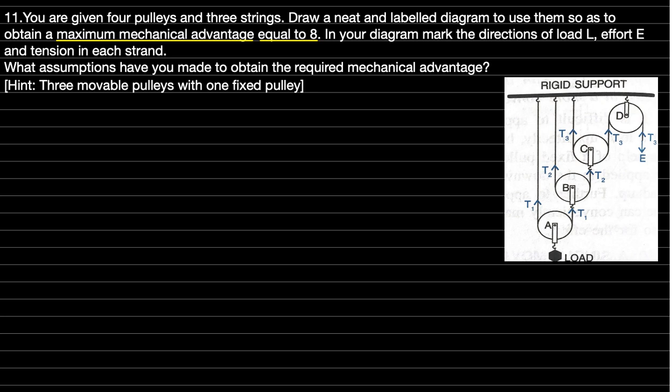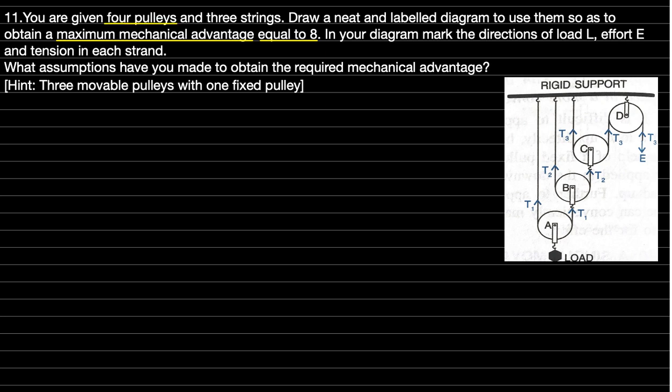So the mechanical advantage is supposed to be equal to 8. In your diagram, draw the directions of load, effort and tension in each strand. So the diagram, I have just drawn it here. You can see here there are 4 pulleys, A, B, C and D. So that completes our requirement of 4 pulleys and 3 strings.